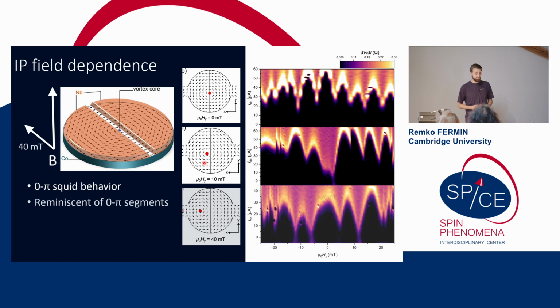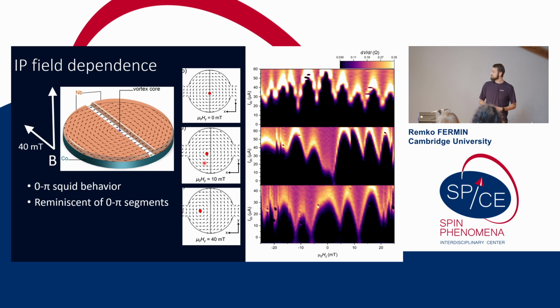Then if we start increasing this in-plane magnetic field to 40 millitesla, we find this peculiar pattern that is characterized by a very wide middle lobe, but actually an increase of oscillation amplitude at the neighboring lobes. And this is reminiscent a bit of a junction with many 0-pi segments in it.